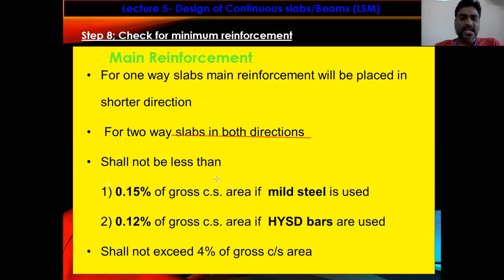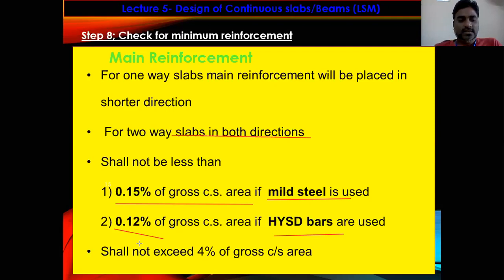The minimum main reinforcement in slabs is 0.15% of BD, or cross-sectional area, if it is mild steel, right? And for HYSD bars, the minimum reinforcement is 0.12% of gross cross-sectional area.